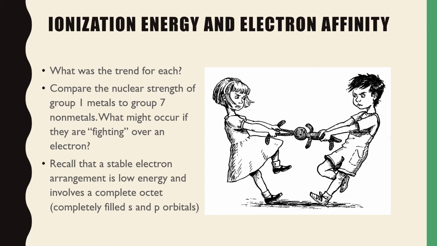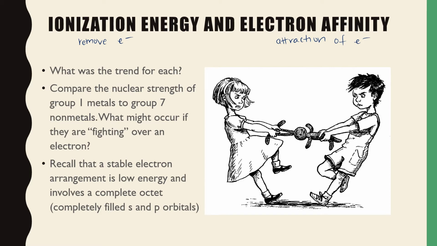Ionization energy was energy needed to remove an electron. Electron affinity was the attraction for electrons. So the question is, what is the trend for each of these on the periodic table?